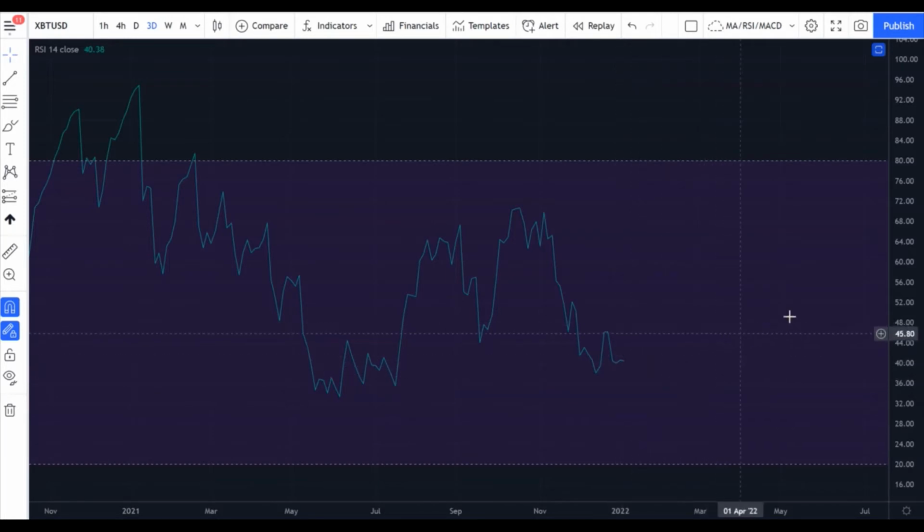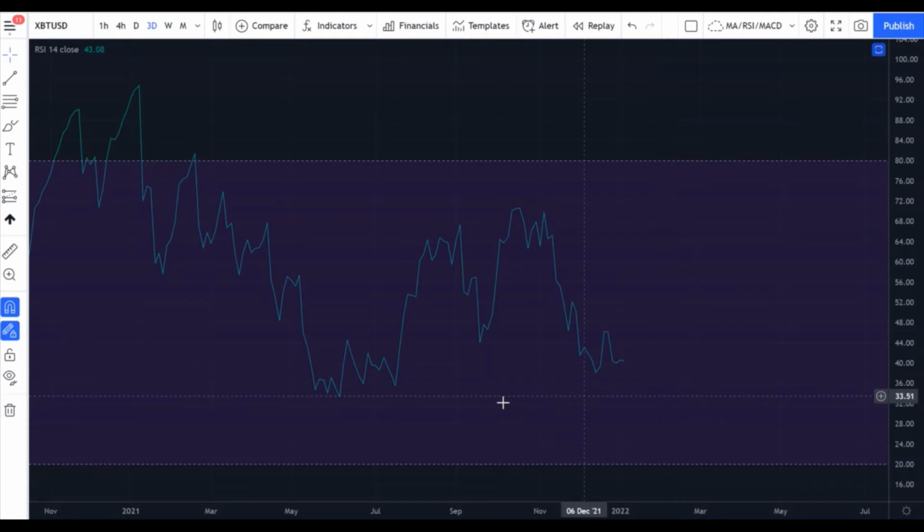Not much to tell there other than it is under 50, which when it's under 50, you know, it's in the territory where usually the price goes down until it reaches an oversold territory, which here is in the 30 area.